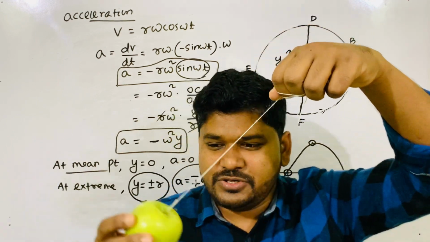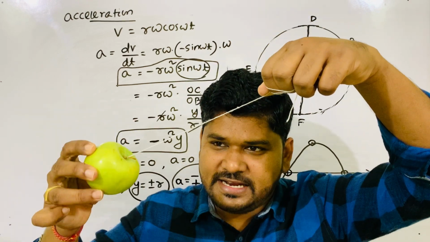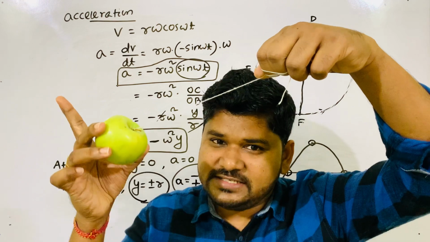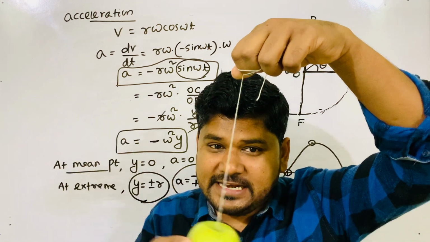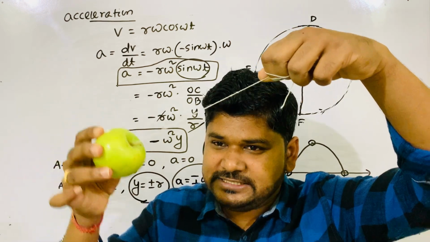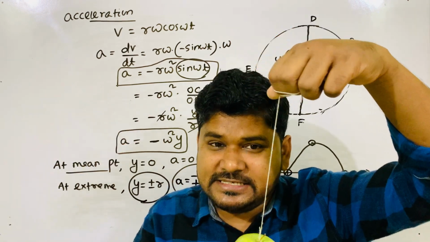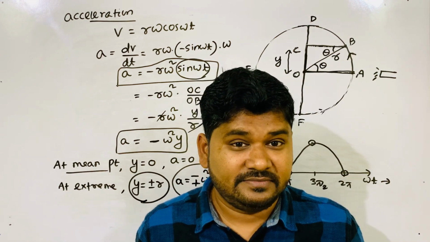But what happens at extreme position? When the body goes to extreme position, the velocity direction is to that side, but now the velocity becomes 0 and it changes its direction. When velocity changes direction, the change in velocity will be maximum.